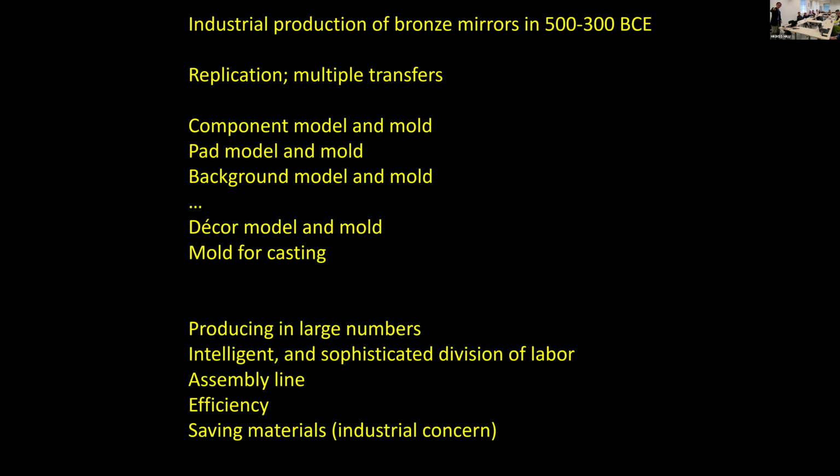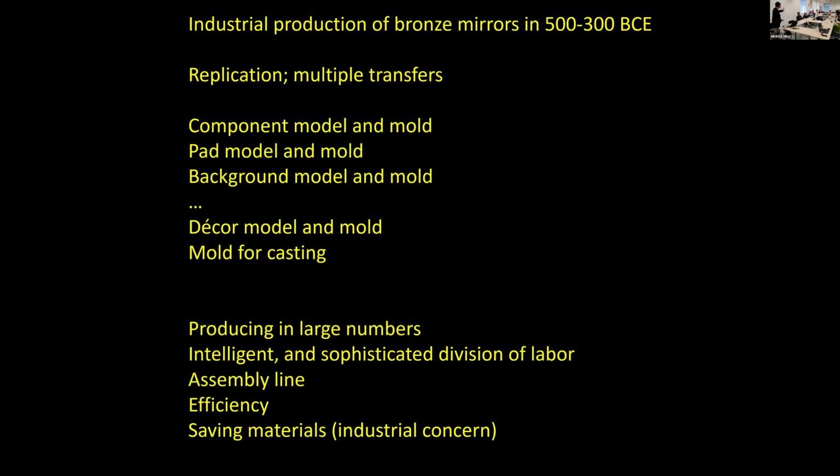From component models all the way to mirror forming, it underwent lots of replication, multiple transfers, producing large numbers, an intelligent and sophisticated division of labor. I don't know how many persons were involved because we don't have the exact textual records proving it, but we found from this material evidence that indeed, this is a very, very sophisticated division of labor, all right?